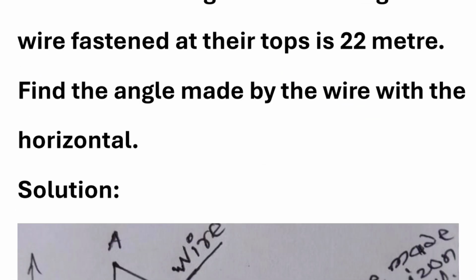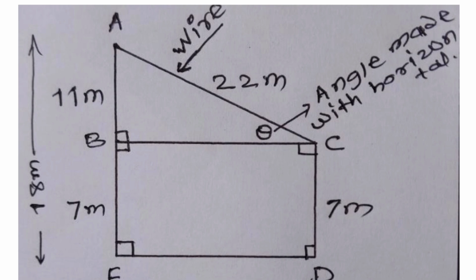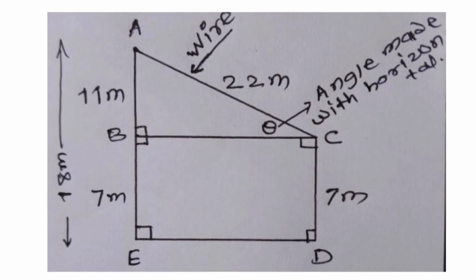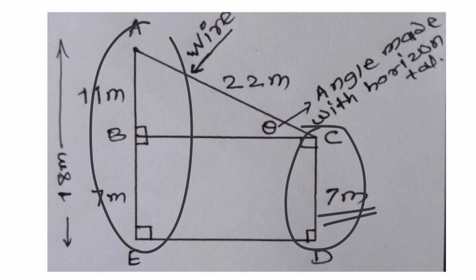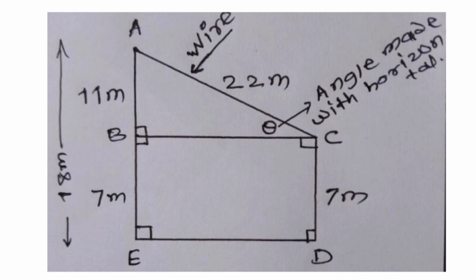Now for this, first I will show you the figure, and in this figure look here carefully. Now CD is the smaller pole whose height is 7 meter and AE is the bigger pole whose height is 18 meter. Now this DE is the ground, and I told you poles as well as buildings are always perpendicular to the ground.